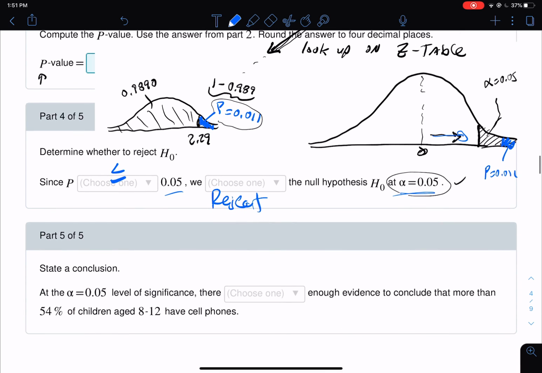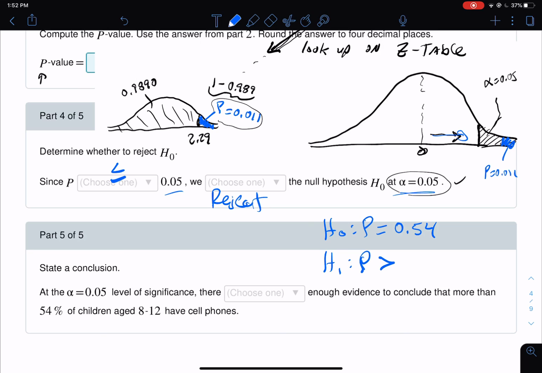All right. Now, what kind of statement do you have when you reject? You got a real strong statement. Let's go back to our initial statements so we see how this works. Remember, the null hypothesis was that the population proportion is assumed to be 54%, and our alternate is that a marketing person says, I think the population proportion is greater than 0.54.